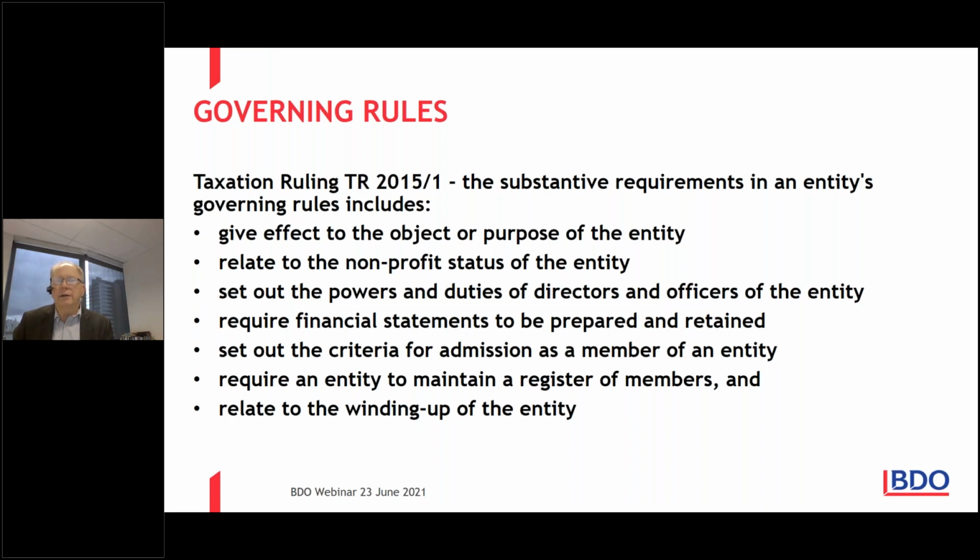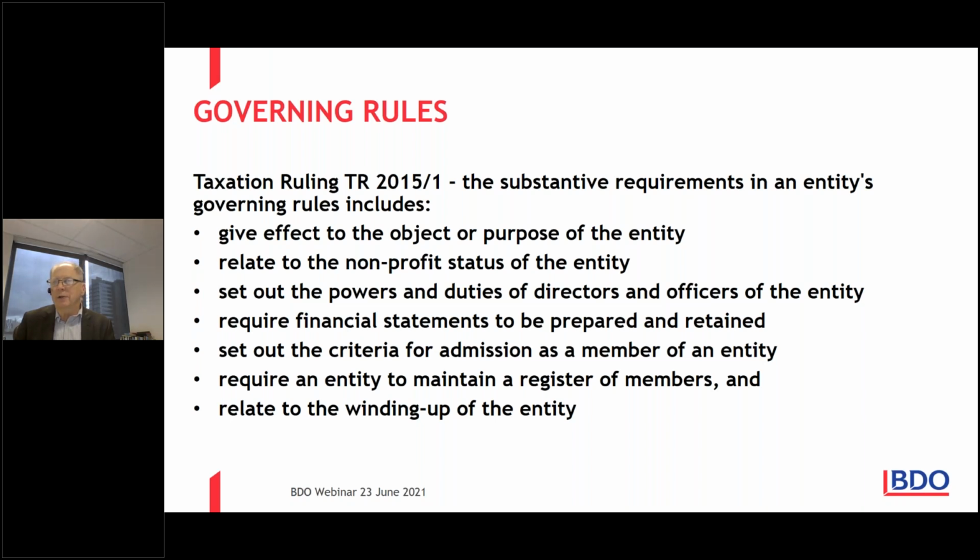So it is a clear requirement that the entity must comply with all of the substantive requirements all of the time. So it's valuable for each of you that have a link to a particular not-for-profit, that you can go and point out and say, what are our substantive requirements?